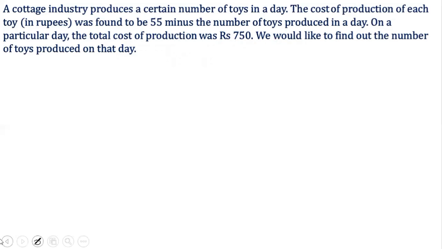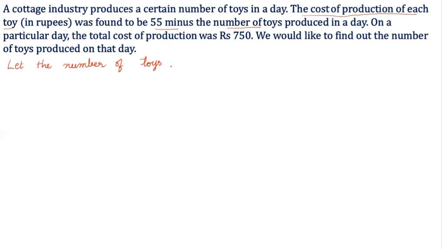Now to solve this word problem, we have to convert it into quadratic equation form. Now see here, the cost of production of one toy, each toy means one toy, was 55 minus the number of toys. So let the number of toys produced in one day be x.